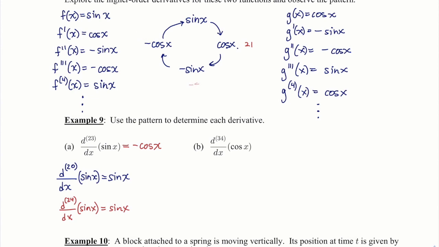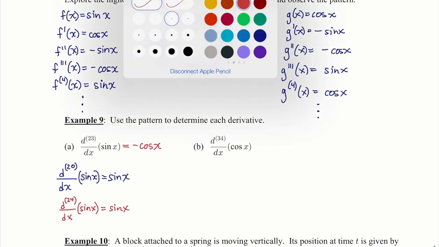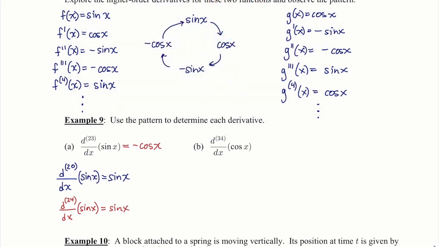And let's do the same kind of thing, but now let's look at one with cosine. So if I want the 34th derivative of cosine, I would think, well, the 32nd one would be the closest multiple of 4 that's less than 34. And the 32nd derivative of cosine then is going to be cosine of x.